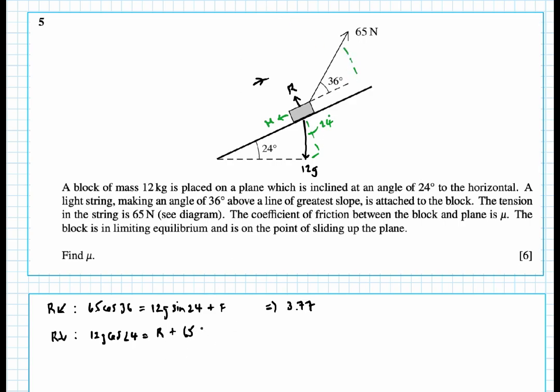So just remember we're doing it perpendicular to the parallel part there, which of course is opposite. And so R is 71.419. So you know your formula is F is equal to mu R. You can rearrange that, so mu is equal to F over R. So 3.77 divided by 71.419. And you're going to find the value of mu is equal to 0.0529.